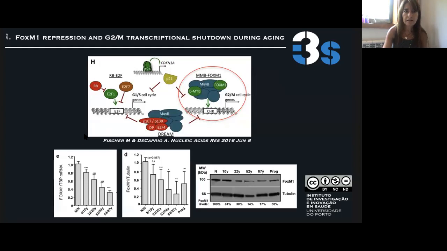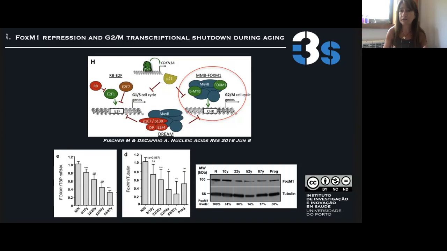Indeed, there is a decrease in the levels of both FOXM1 transcripts and protein with advancing age, as you can see in this graph.